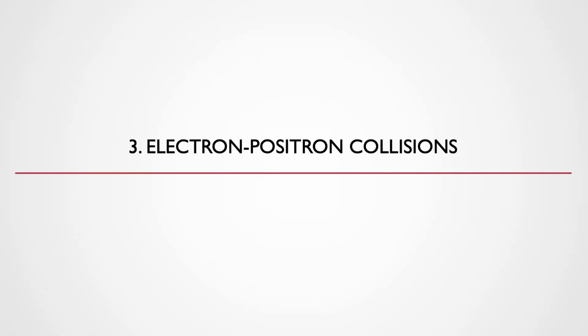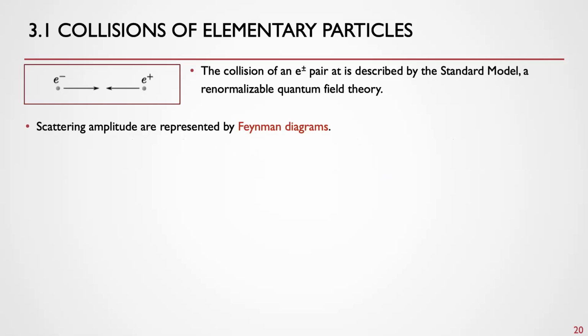We start with electron-positron collisions. Now, it's a little bit ungrateful to discuss this because I cannot do with you all the theory calculations. You have, as I said, theory lectures. Nevertheless, it's useful to know a few basics.